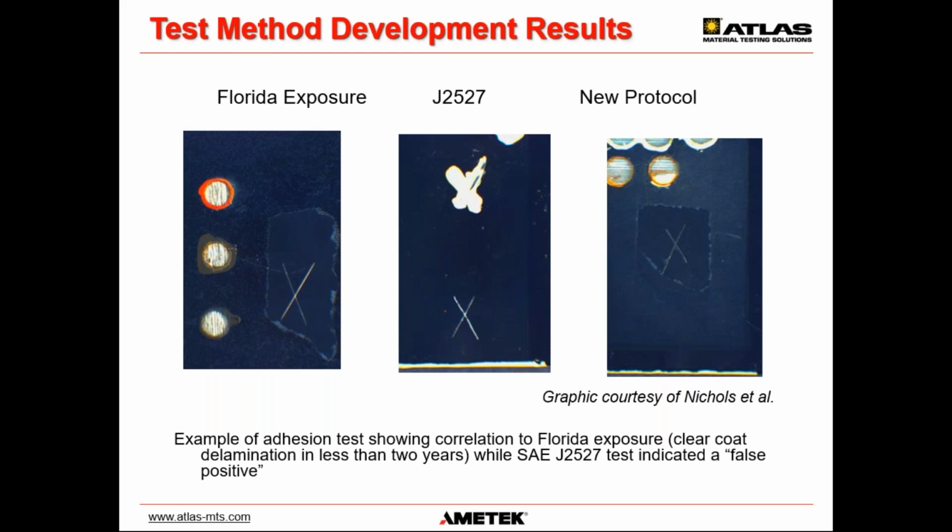And this was primarily seen in adhesion loss. Here you see this X scribe, no adhesion loss in J2527, but in real time you did have adhesion loss. With this new protocol, you're now able to effectively get the same simulation. And this is just one of the examples. We have other webinars specifically on automotive exterior coatings, which highlight and truly show the differences in these exposures.